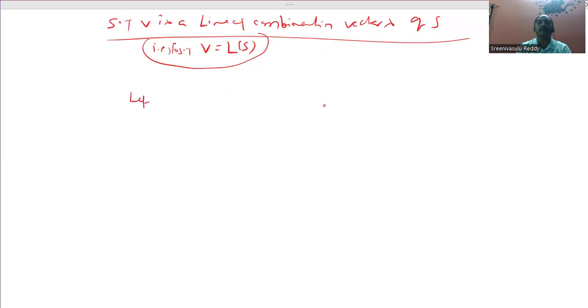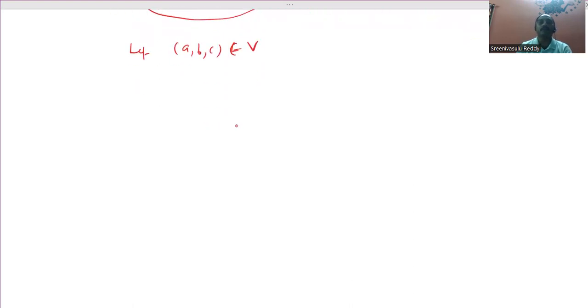Now take a vector. Let you take an arbitrary vector A, B, C in vector space V. To show that it is a linear combination of the vectors, let A, B, C equal alpha times the first vector plus beta times the second vector plus gamma times the third vector.